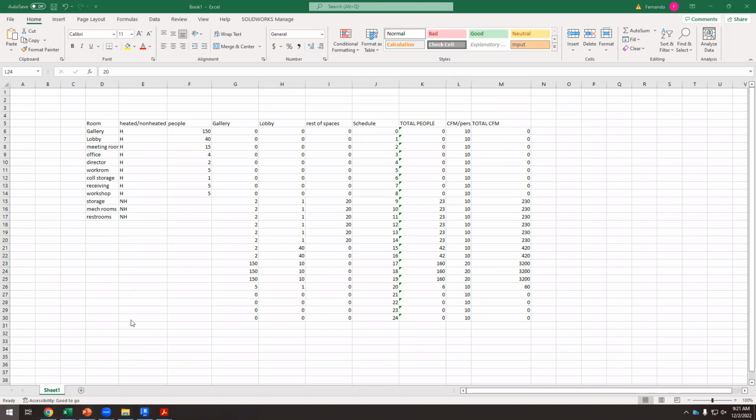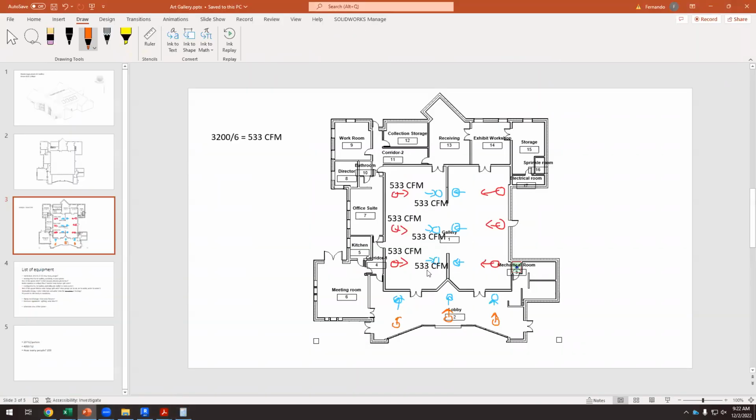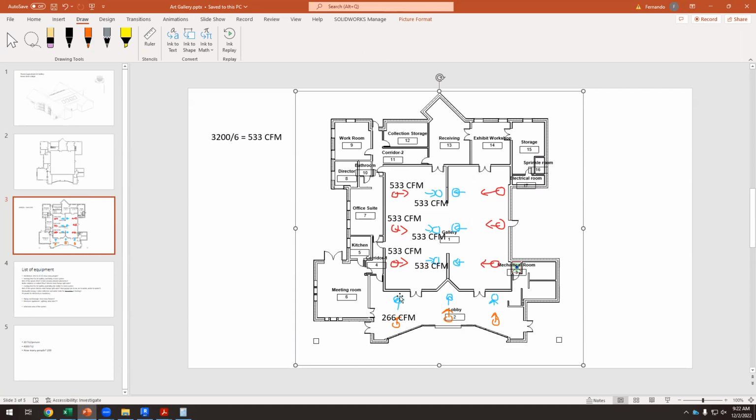So each diffuser, if I have 800 divided by 3, will be 266 CFM for supply and 266 for return. Okay, so I think that works well.